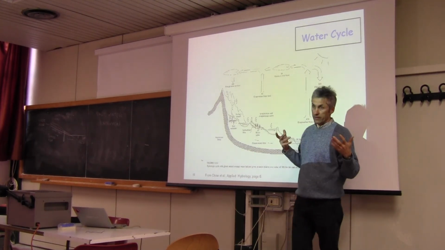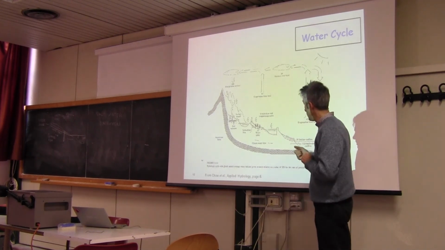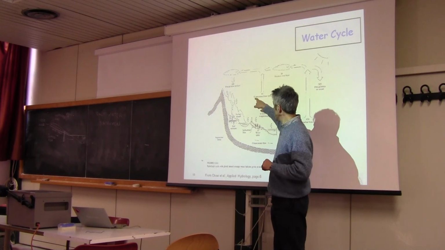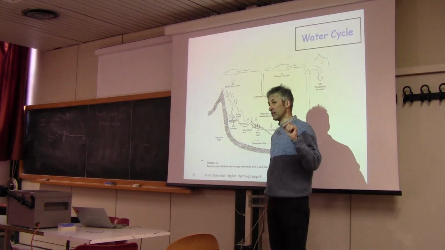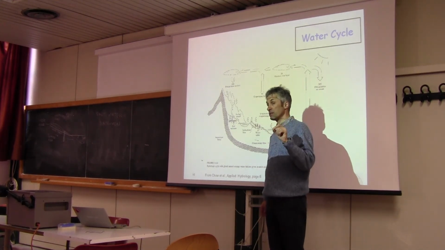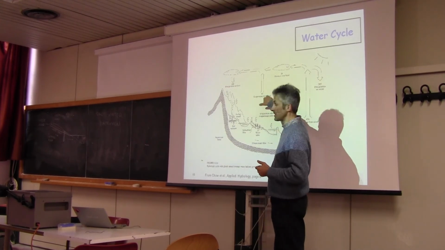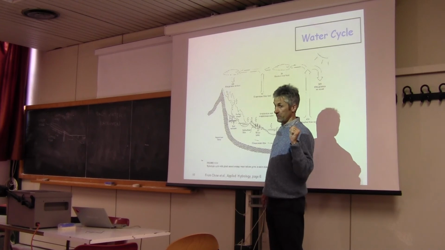And of course, it's not available for us to use. And keep in mind that this 63% can be impacted by humans. If you exploit agriculture and you increase irrigation, you automatically increase the evaporation.